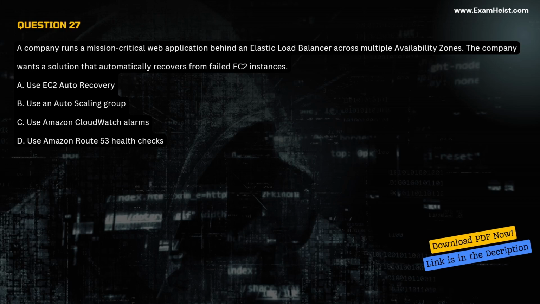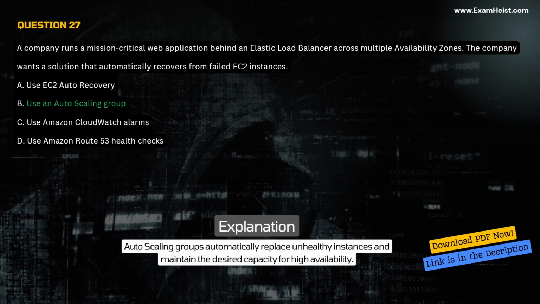C. Use Amazon CloudWatch alarms. D. Use Amazon Route 53 health checks. Correct answer B. Use an auto scaling group. Explanation: Auto scaling groups automatically replace unhealthy instances and maintain the desired capacity for high availability.